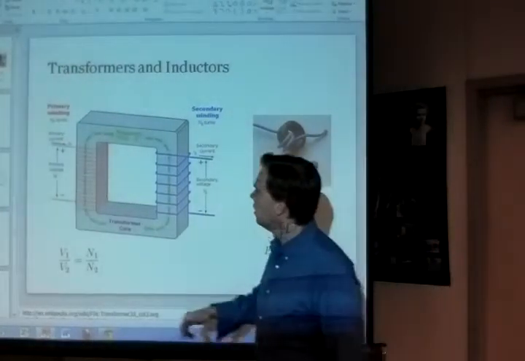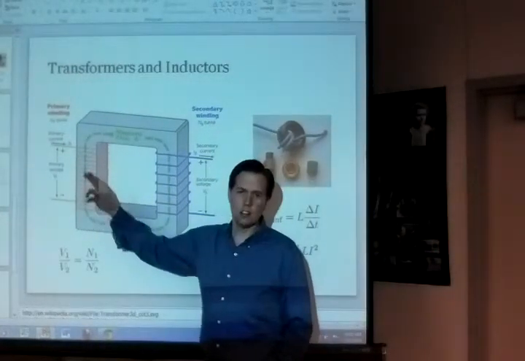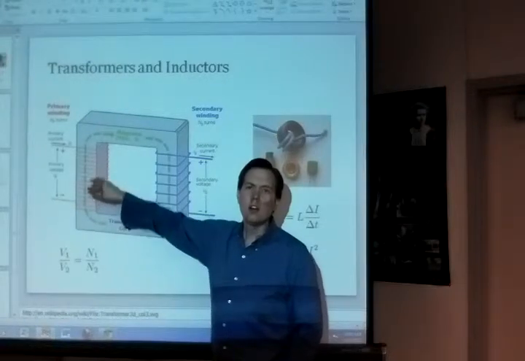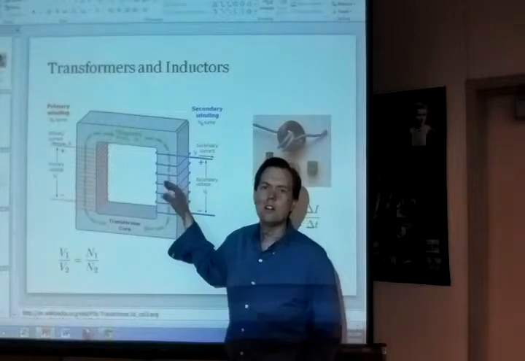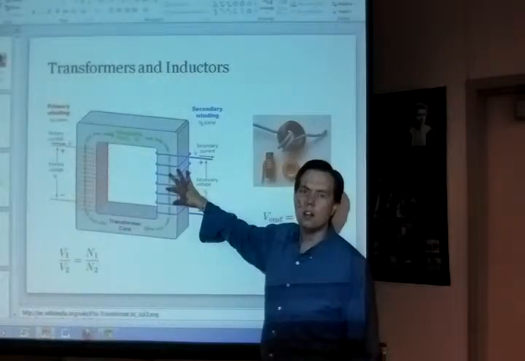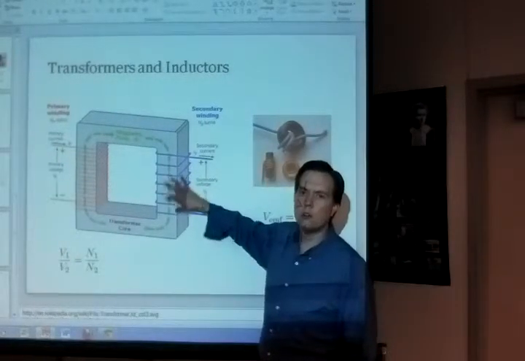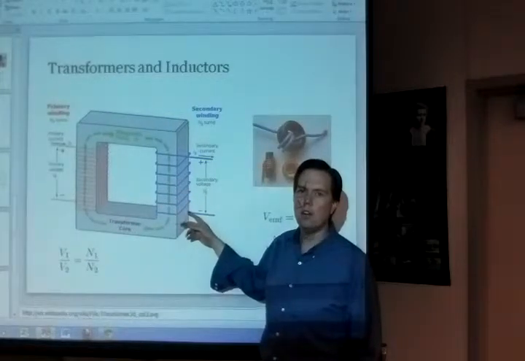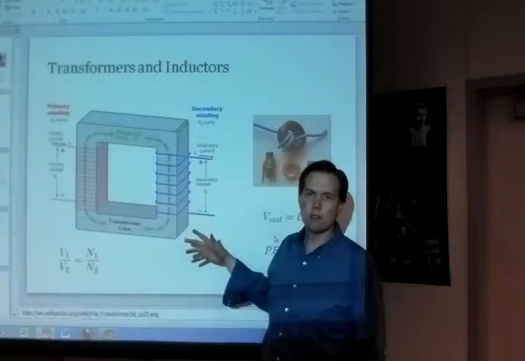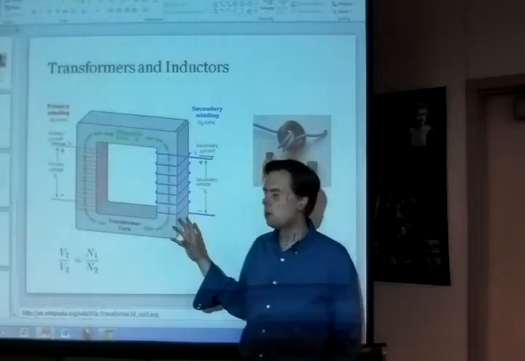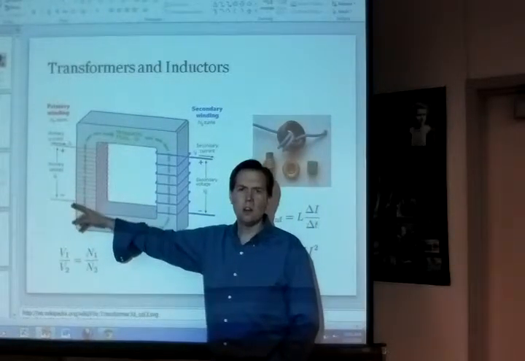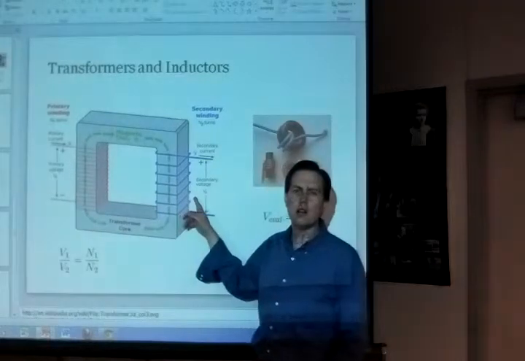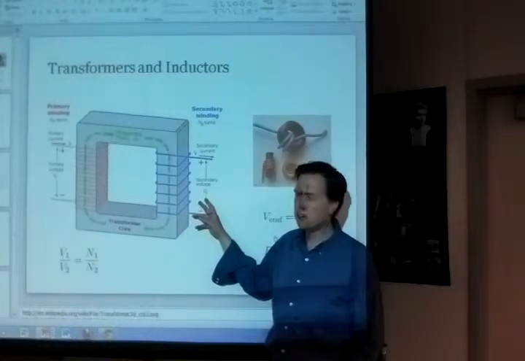So what I do is I run a changing current through here, creating a magnetic field that changes. That changing magnetic field then induces an electromotive force in this coil and causes current to flow. That current will oscillate back and forth. Essentially, I can use alternating current on the primary to generate alternating current on the secondary.